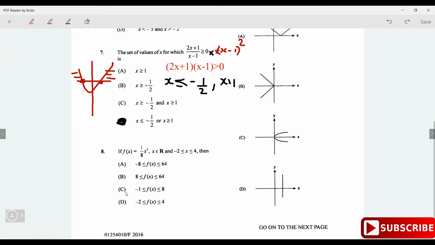I get negative 1, so it's this one. You plug in the 4, you're going to get 4 cubed multiplied by 1 over 8. That's 8. So this is it, option C.